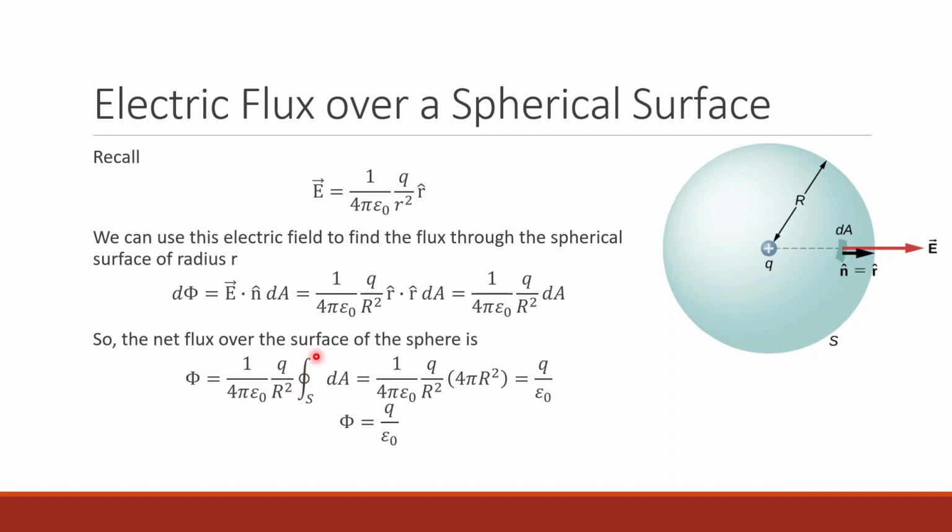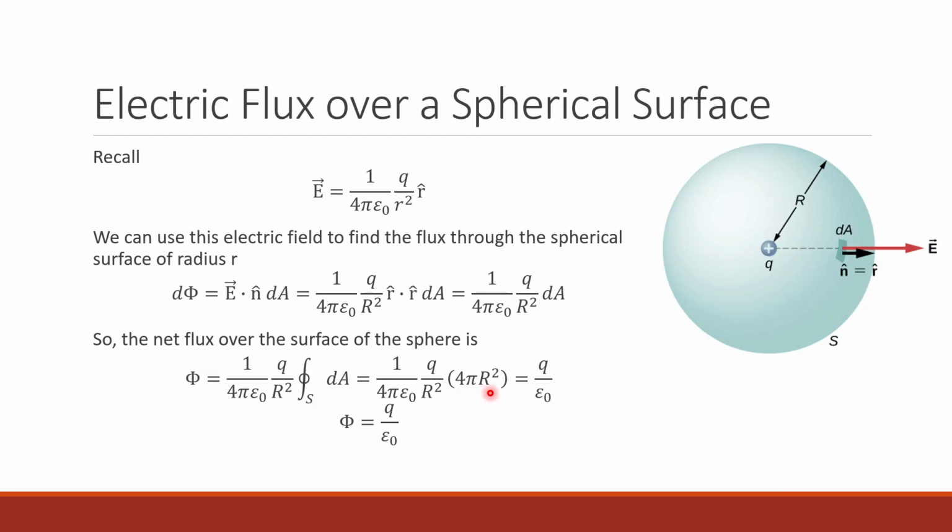And so then we just have our closed surface integral of dA. Now when we take our surface integral with our area, this is going to give us the area of a sphere, which is 4 pi R squared.